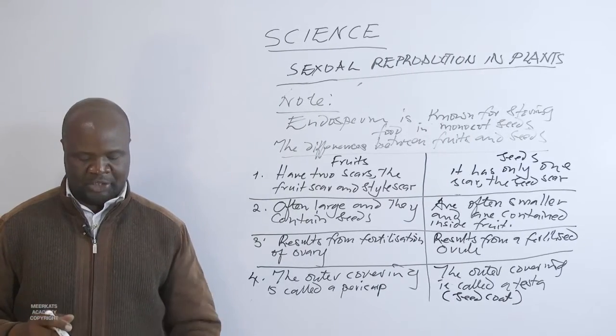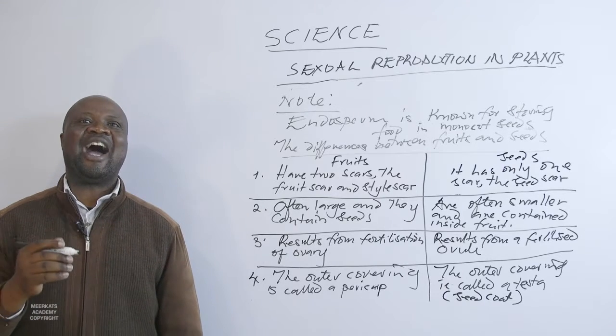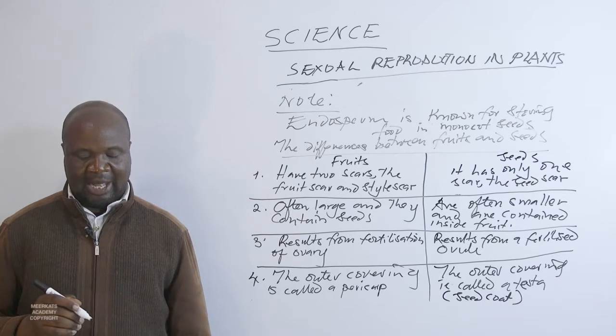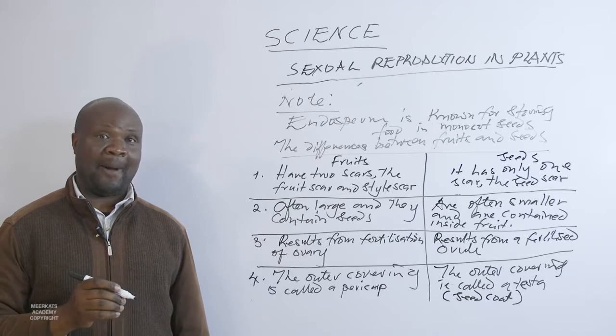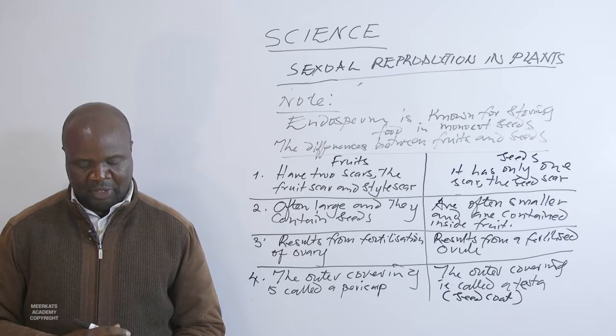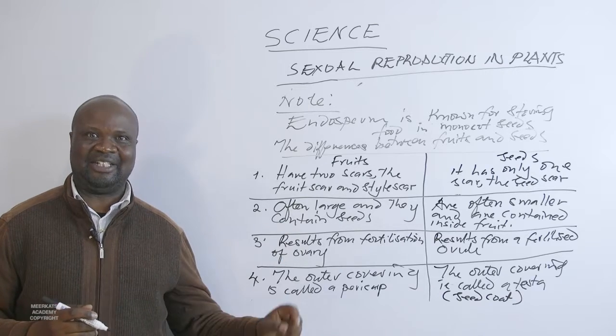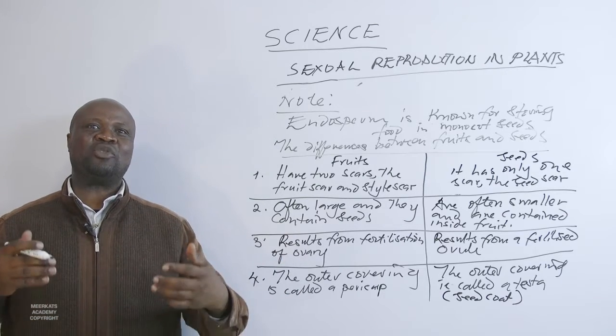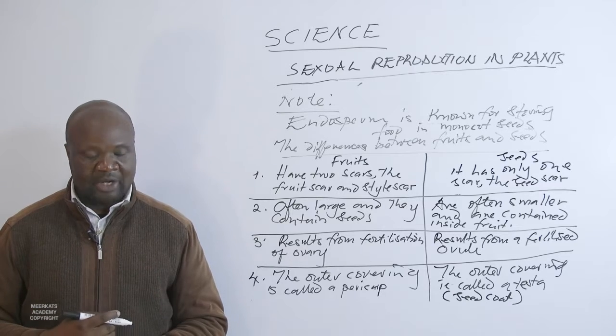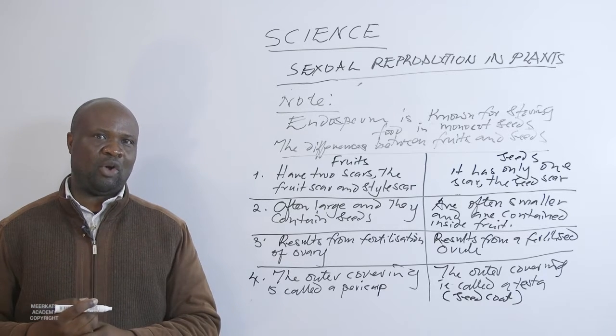The plumule will grow into that particular plant. There are conditions that are necessary for germination to occur. Just to mention a few, for that particular seed to turn into a seedling, one condition is that there must be oxygen.